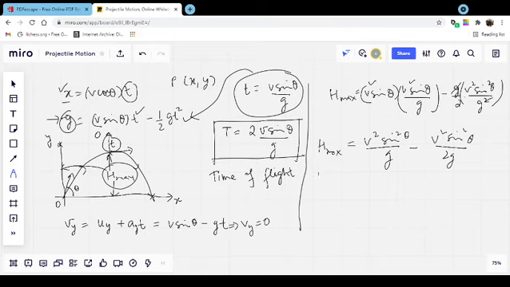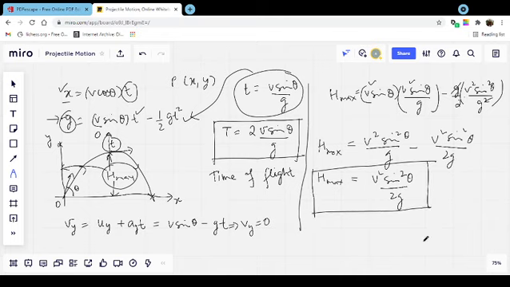So this is h max, and h max comes out to be v square sin square theta divided by 2g. This is the maximum height the ball can reach above the ground.